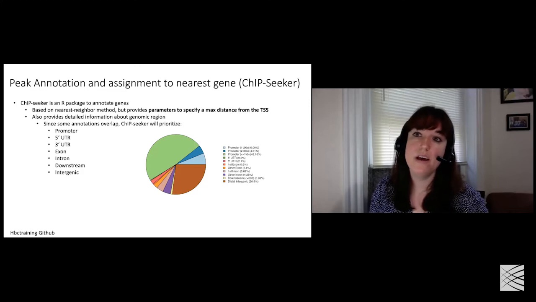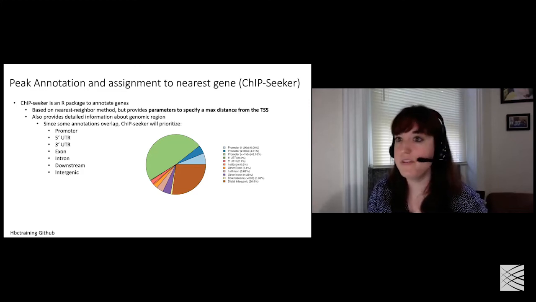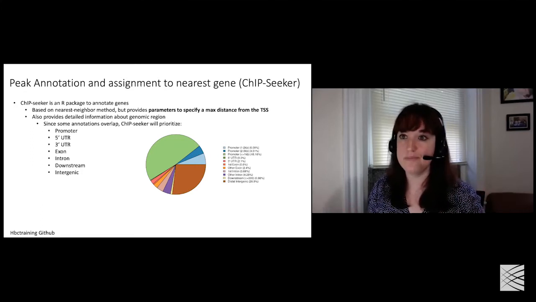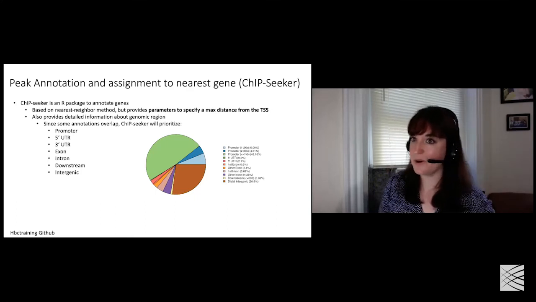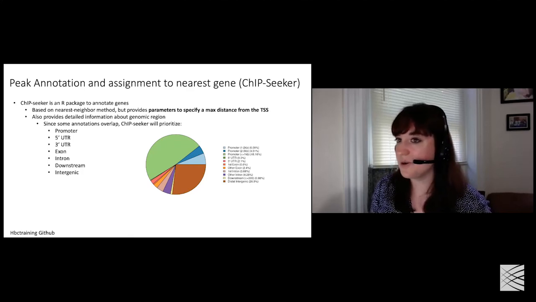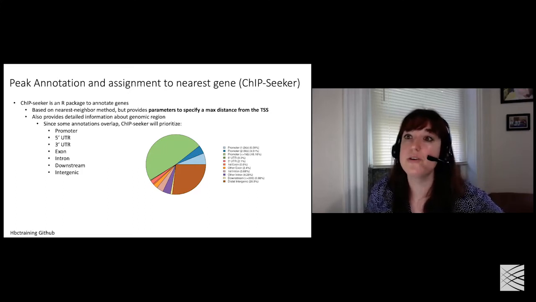So I would say, if it's more than 50 kb from the transcriptional start site, don't assign it to the promoter, assign it to the gene that it's in the intron for. I hope that helps. So that's what this package does, and it's one that I recommend using. ChIPseeker also provides really detailed information about the genomic region. So it'll give you the distance to the transcriptional start site, for example.